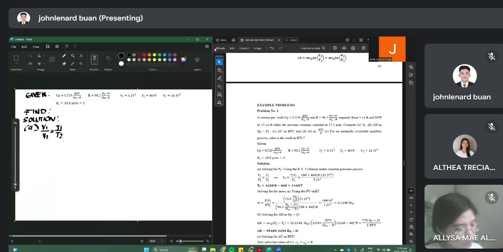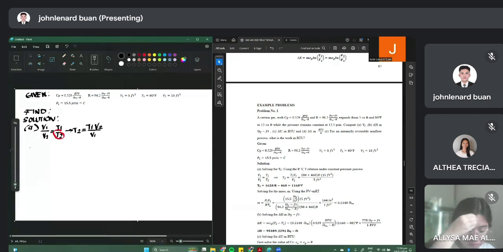But since ang pinapahanap naman sa atin dito ay itong T2, just simply arrange the equation to T2 is equal to T1 times V2 over V1.